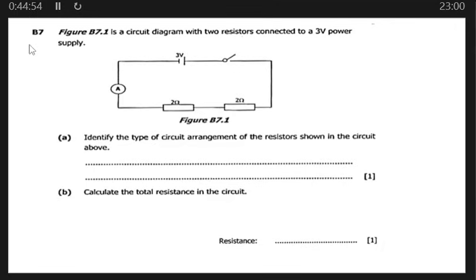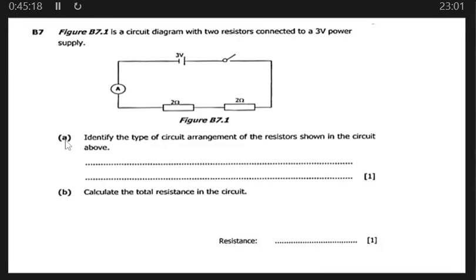Question B7 reads, figure B7.1 is a circuit diagram with two resistors connected to a 3-volt power supply. So we have this circuit diagram here with these two resistors connected to a 3-volt power supply, and this is the switch, this is an ammeter.